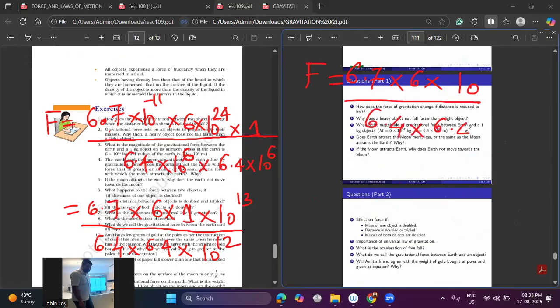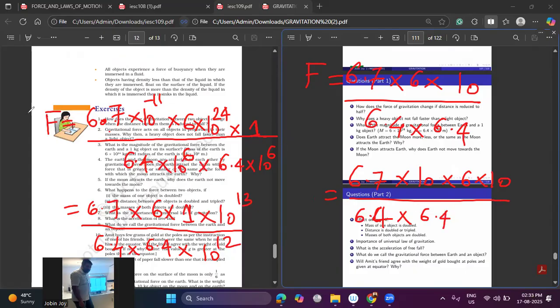6.4 into 6.4. Next, you can change the decimal. So in the numerator 6.7, one place, so I will multiply with the 10 into 6 into 10. And the denominator 6.4 into 6.4.